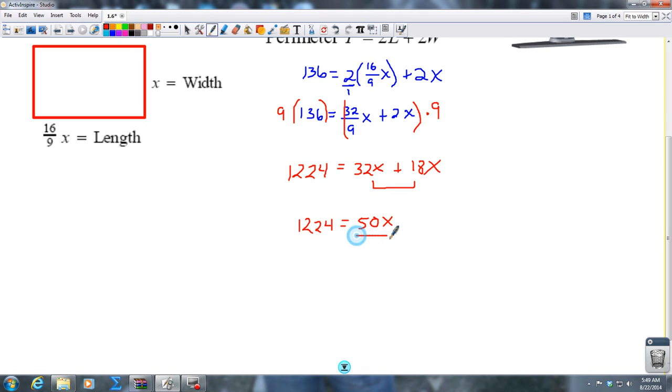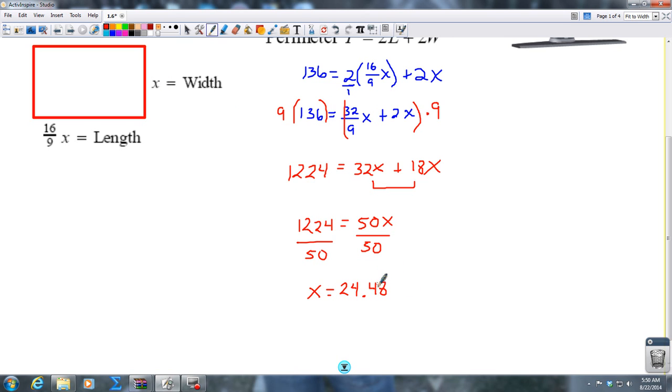We're going to divide by 50. 1,224 divided by 50 turns out to be 24.48. So x turned out to be 24.48. Now x stood for the width.